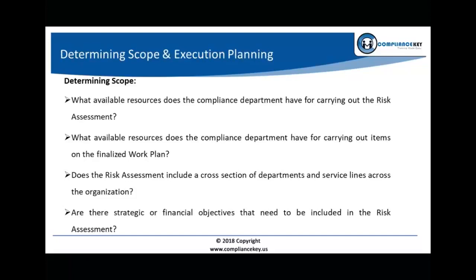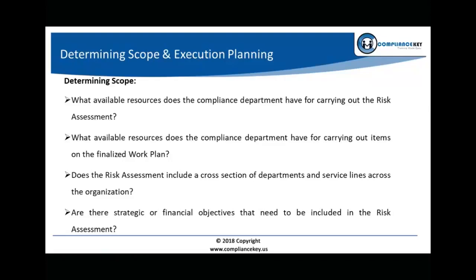If you are going to list certain projects on your work plan eventually, what resources do you have available? Are you a department of one? Do you have multiple individuals within your department that can assist with carrying out some of these items? If you are a department of one, are you loading down your work plan with too many projects that is not reasonable for you to carry out, considering you've got other day-to-day responsibilities that you have to maintain as well?